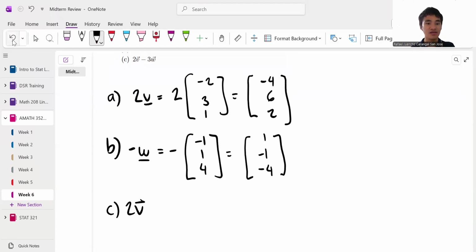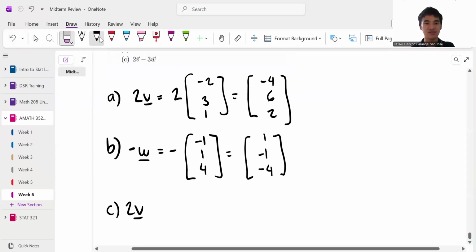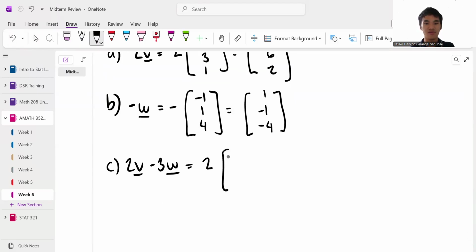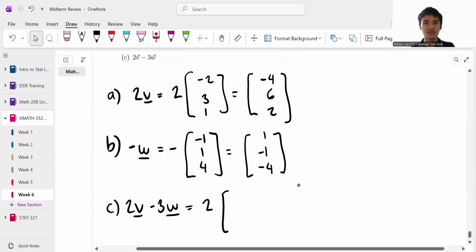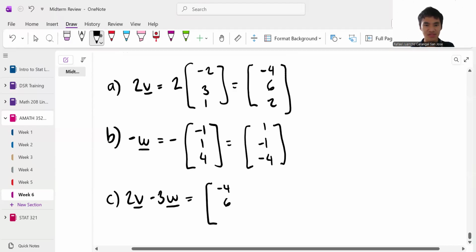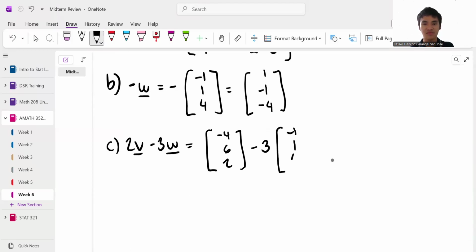Last one. So here we combine both ideas. So we're doing scalar multiplication as well as vector addition. But we're combining these ideas. So we do 2 of the first vector. Actually, we just write the first vector. We already have it from part A, -4, 6, 2, minus 3 of W. So that is -1, 1, 4.